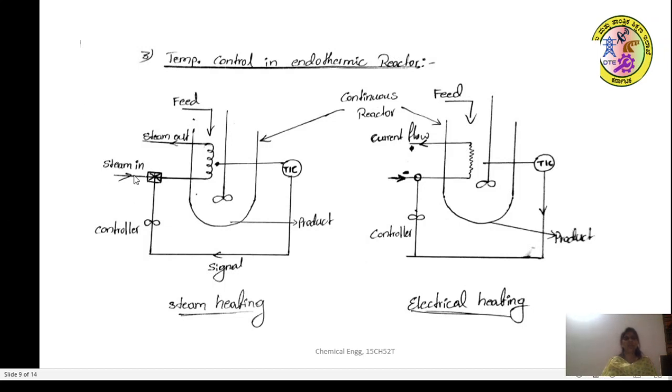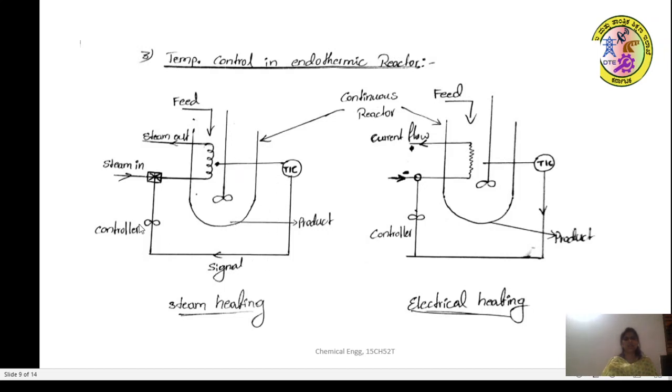So you can see you are sending the steam in through the coil, and the steam out here, and the feed, then the stirrer, the temperature indicating controller TIC is provided inside the reactor, and the product.